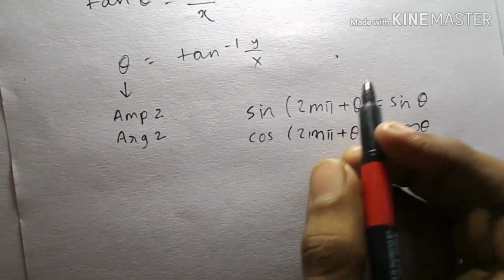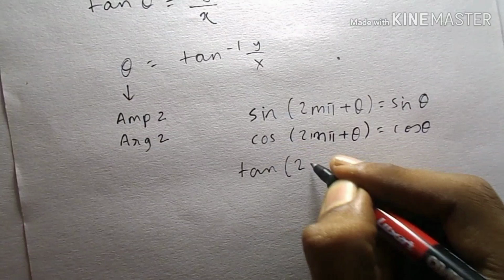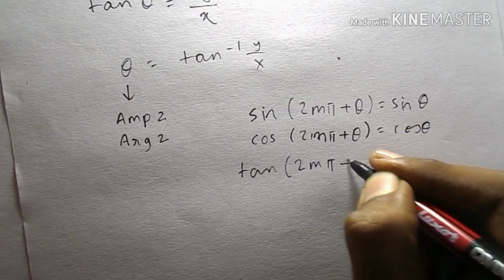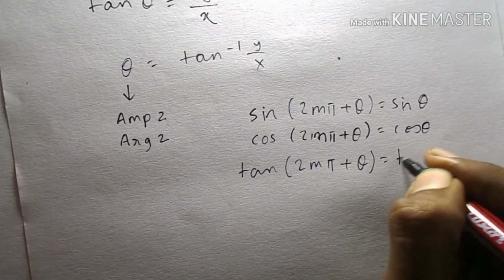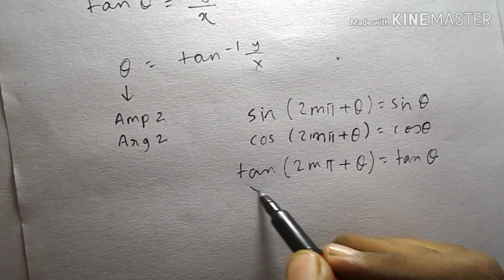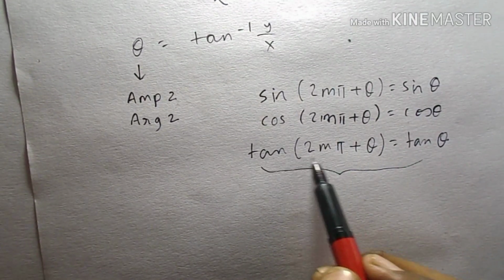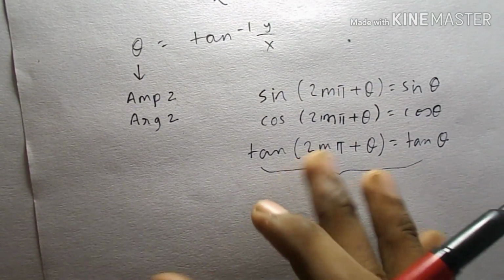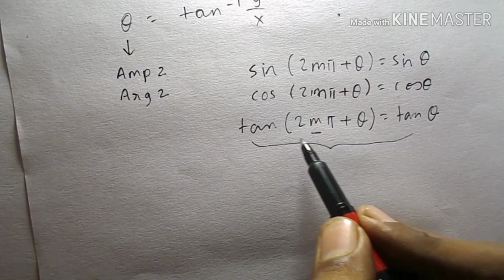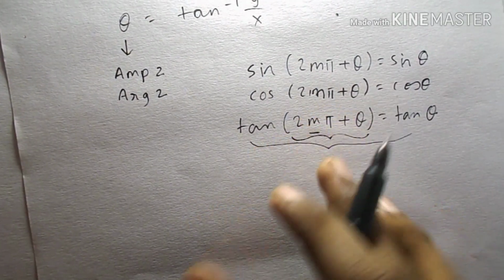From here we also get that tangent of 2nπ plus theta is equal to tan theta. So if tan theta equals tan of 2nπ plus theta, where n is an integer, then we can have infinite values of this angle.